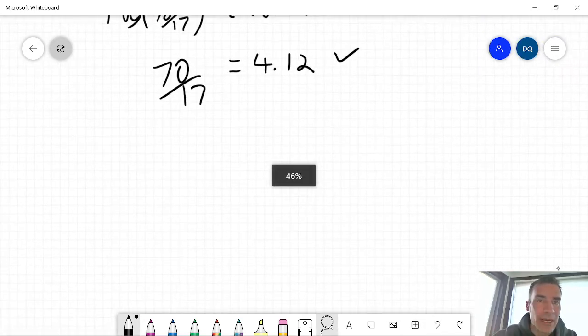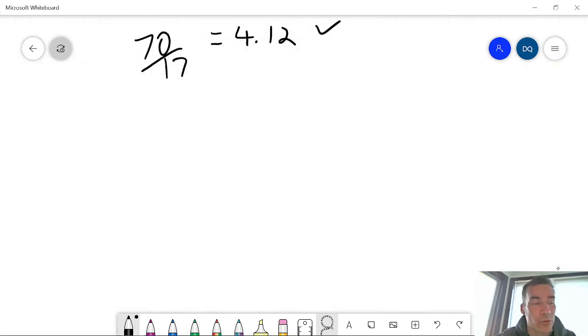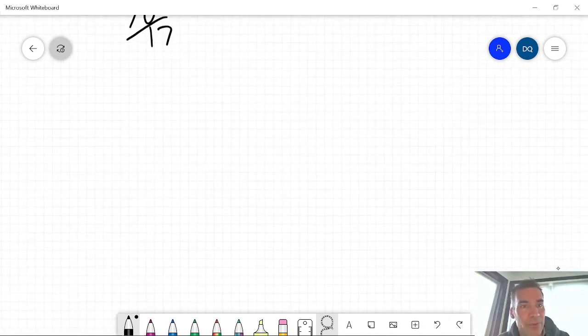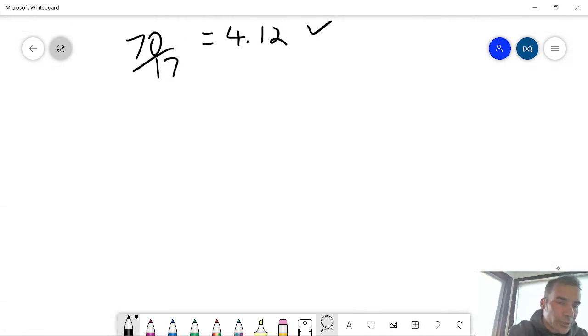So that would have been back in the day how your grandparents or great-grandparents would have calculated long division questions as a shortcut. So in your book, as you read through this chapter, you're going to see these two. This is the product rule.